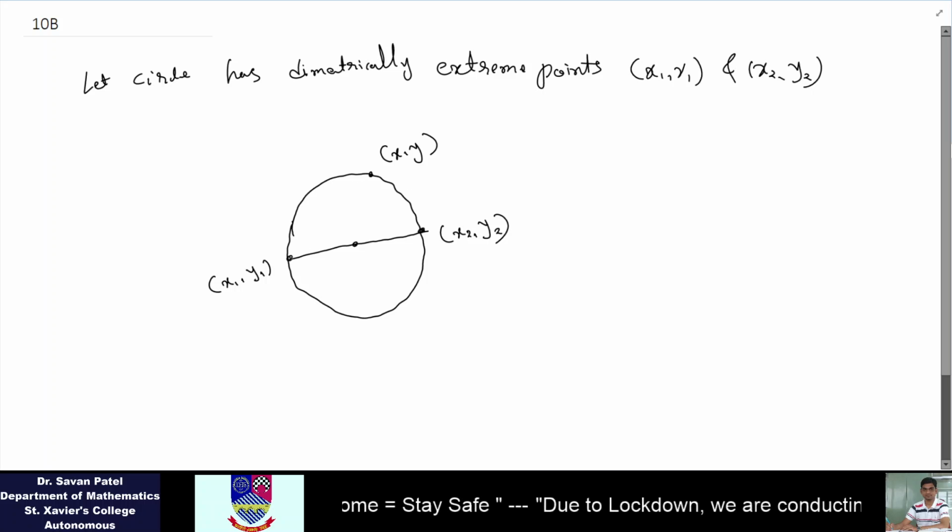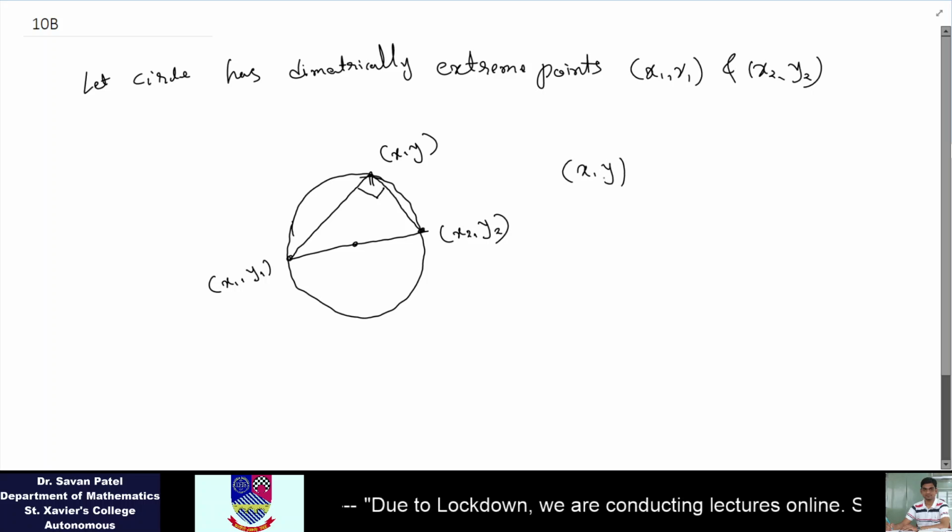Then you think of this vector and this vector, and you know that these two vectors are perpendicular. Whenever they are perpendicular, its dot product is 0. So how do we identify this vector? That is x, y minus x1, y1.